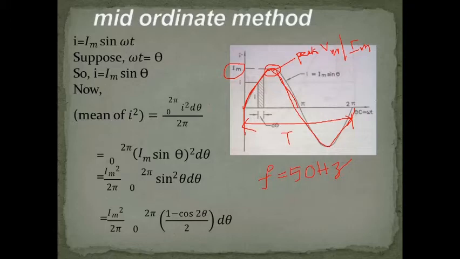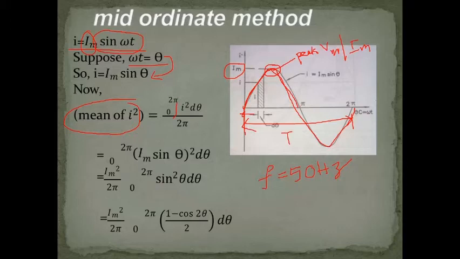Basically, the instantaneous value is denoted as i equals Im, the maximum value, and it changes with respect to sin omega t. If omega t is theta, for easy understanding we denote it as i equals Im sin theta. Now, what is meant by i squared? The limits are 0 to 2 pi, that is 0, pi and 2 pi.